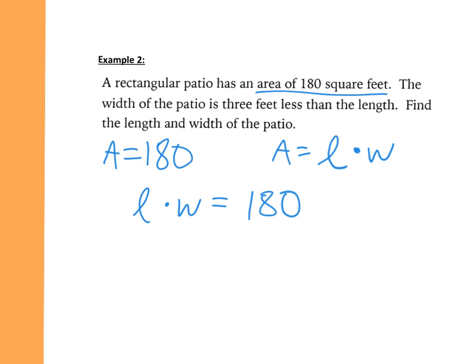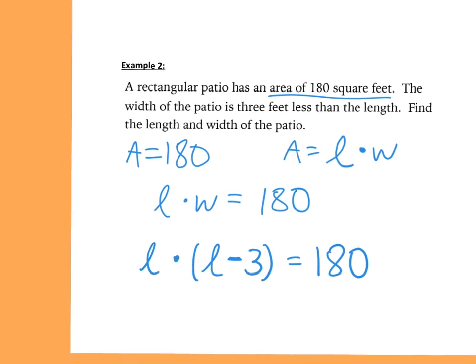So the width is 3 feet less than the length. So wouldn't you say the length times, if the width is 3 feet less than the length, wouldn't it be L minus 3? Make sense? Length minus 3 would be the width equals 180. You with me?